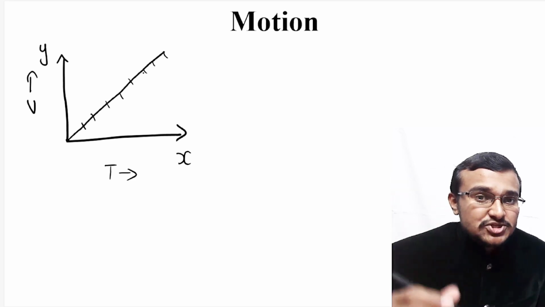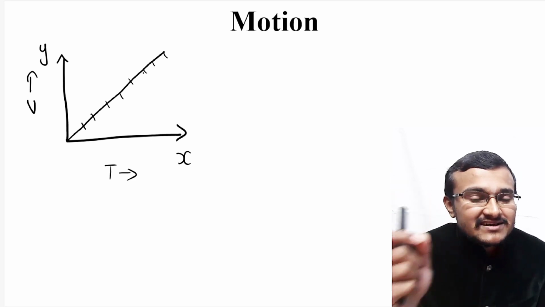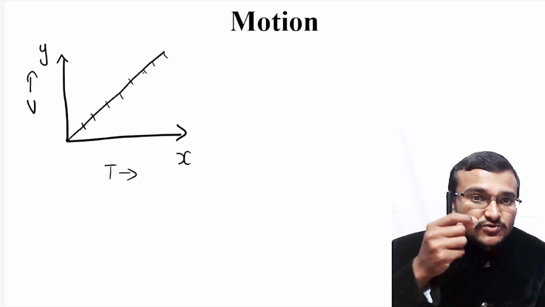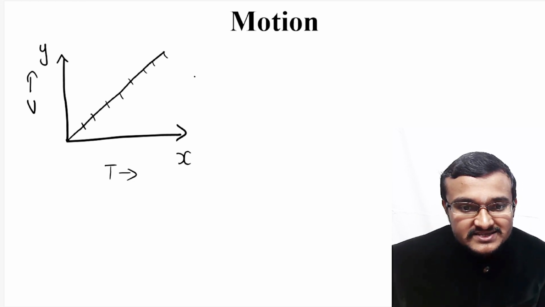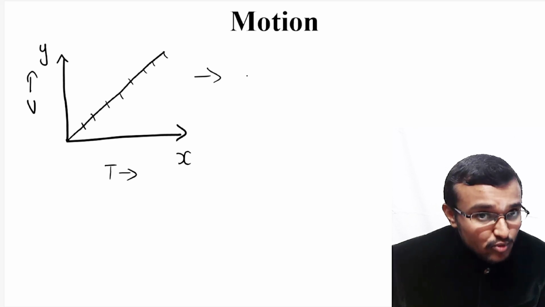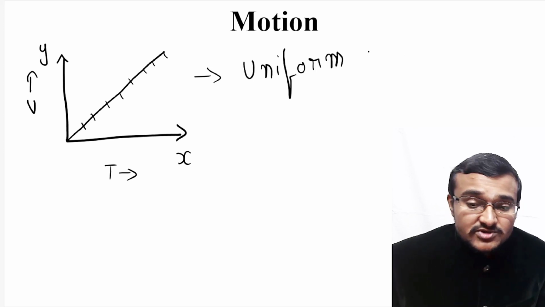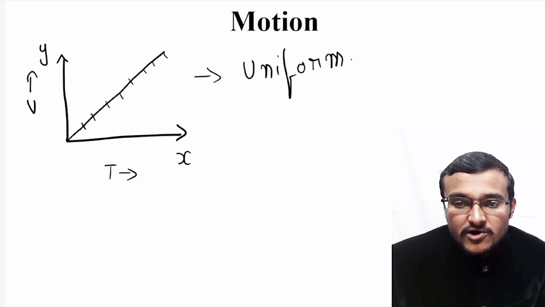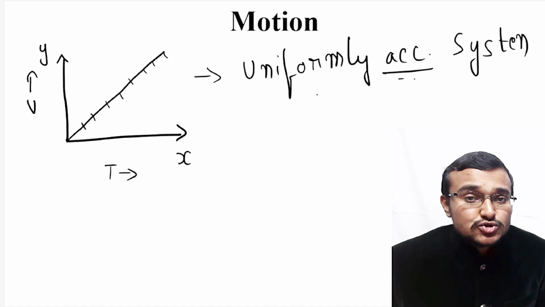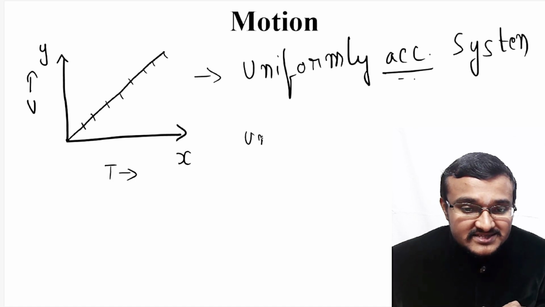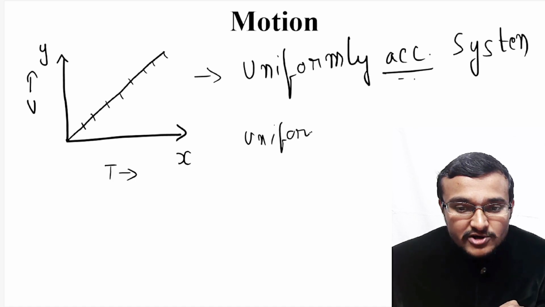So this is actually a uniformly accelerated system. There is a uniform increase in velocity. Here this is not a uniform motion. You can call this particular system a uniformly accelerated system, that means there is uniform acceleration. But you should remember, this is not an example of uniform motion.